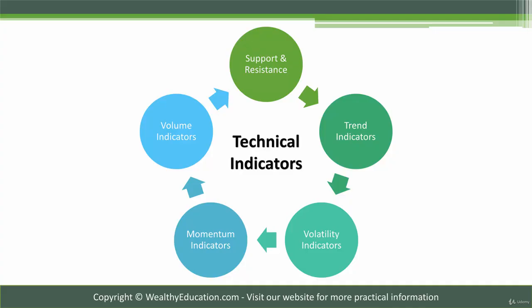Momentum indicators will tell us the strength of the trend that our stock is currently in, and volume indicators, which combine price and volume to often give us an idea that a trend is approaching even before it arrives. With all of these technical indicators, we'll be looking at various time frames and ways that we can use the indicators in multiple time frame analysis.